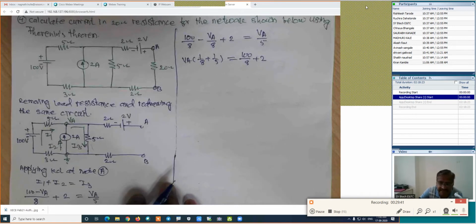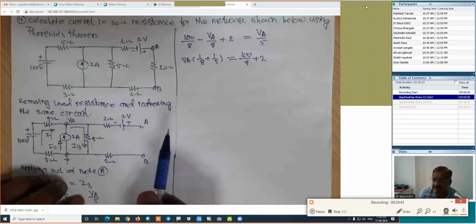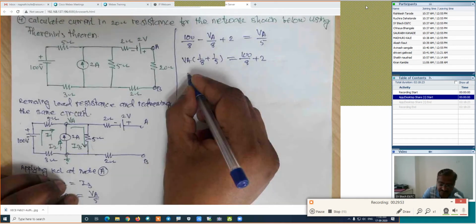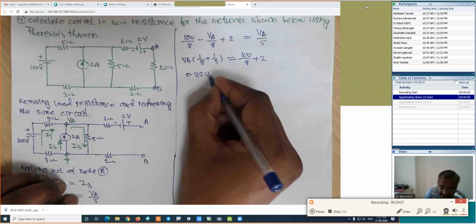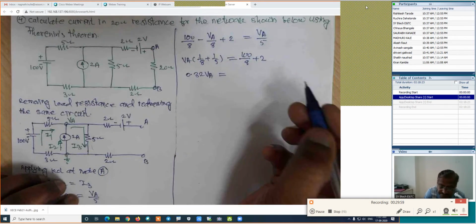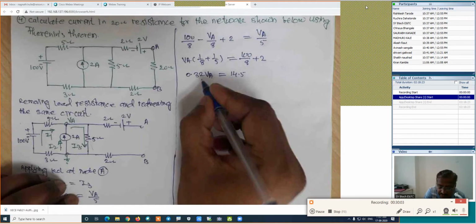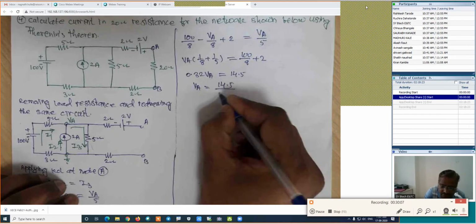So here in this case, this is the equation. How much is the value on the left hand side? Yes, Saurabh, unmute yourself. 0.325 VA is equal to 14.5. This is the equation. Which means if we are finding VA, it is 14.5 divided by 0.325.